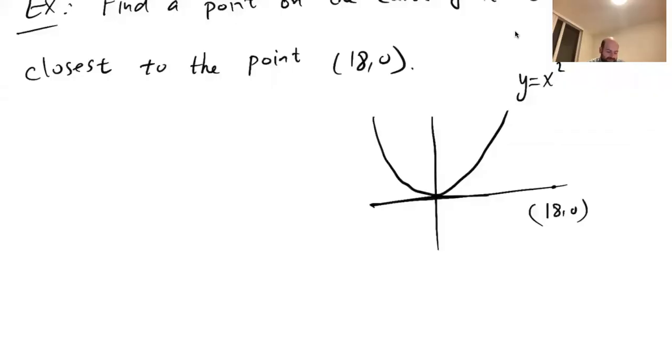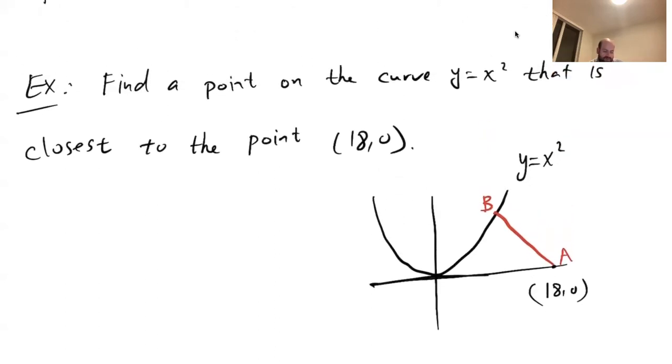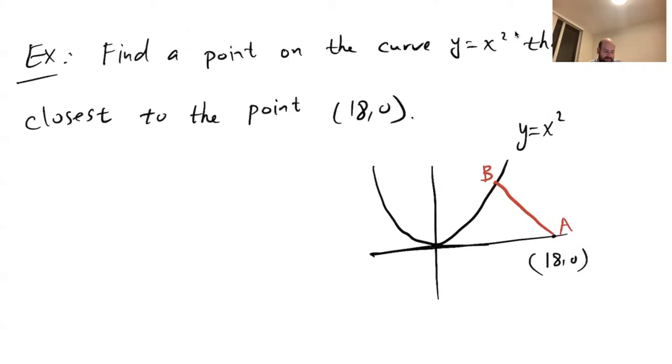So this distance here, the point, basically, if you say that this is the closest point, let's say this point. Let's say this is point A and this is point B. So the point B on the parabola is the closest point to this fixed point A, 18 and 0.